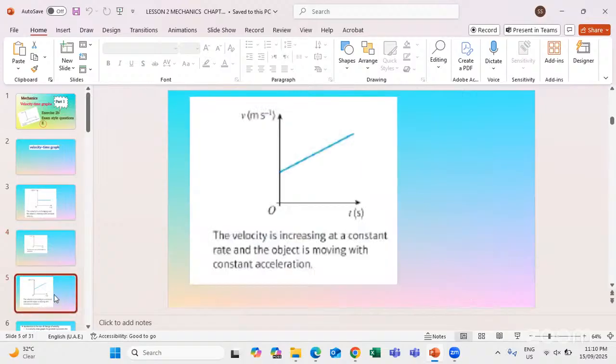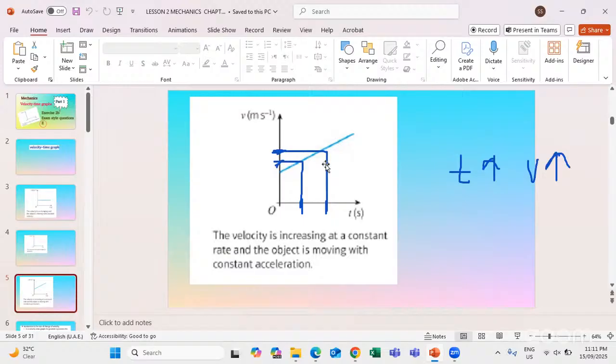Next we have a case where the velocity is changing over time. Let's say this is t equal to 1 second, so here the velocity has this value. Then at t equal to 2 seconds, the velocity is changing and it has this value. So we see that as the time is increasing, velocity is changing, and basically velocity is increasing here.